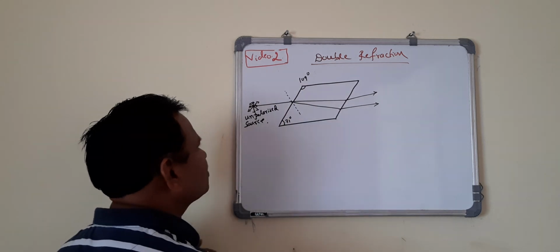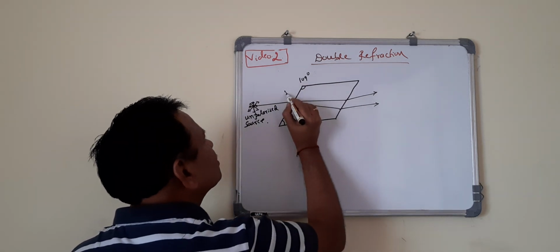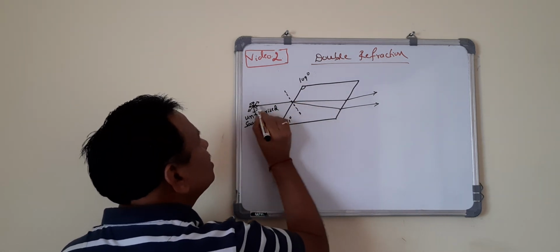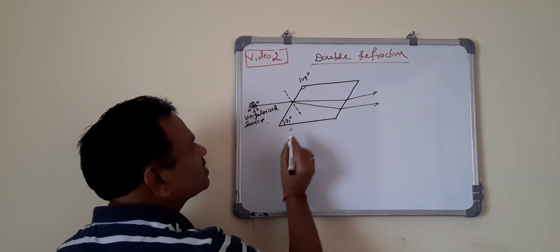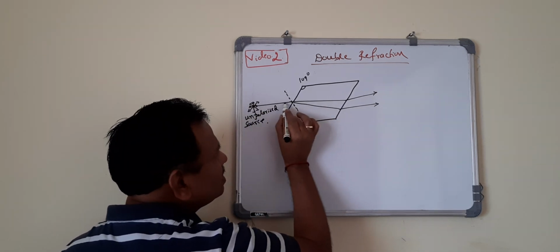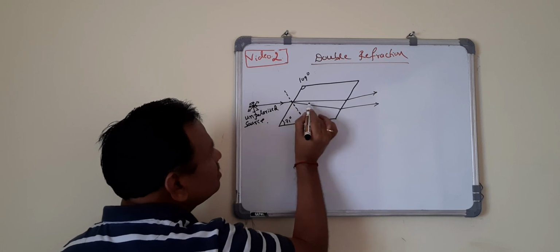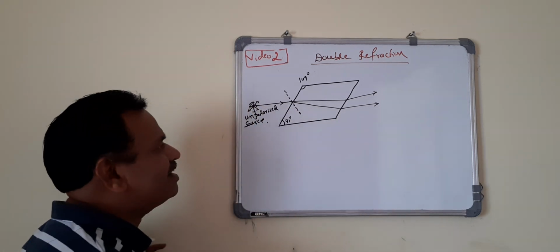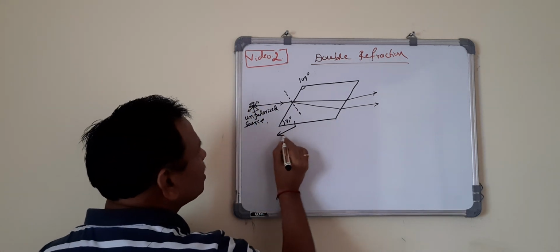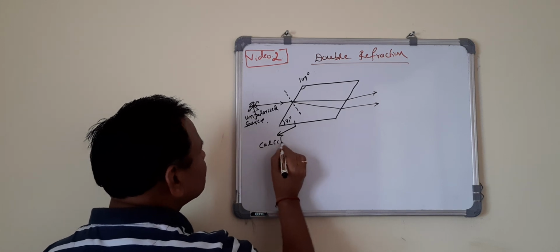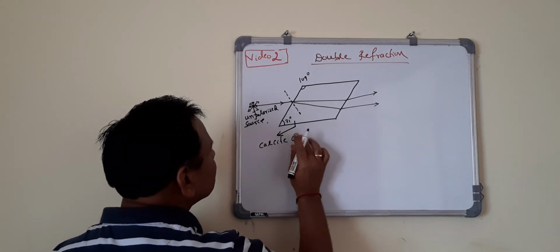Now, I have drawn one normal. This is the normal. This is the incident light, the incident ray, and this is the refracted ray in the calcite crystal.